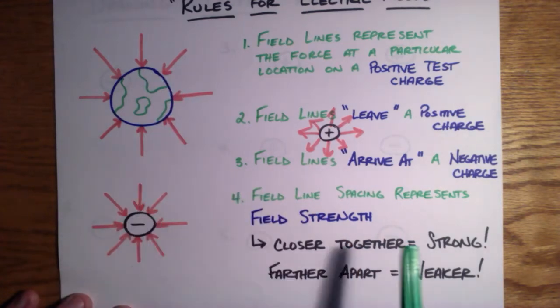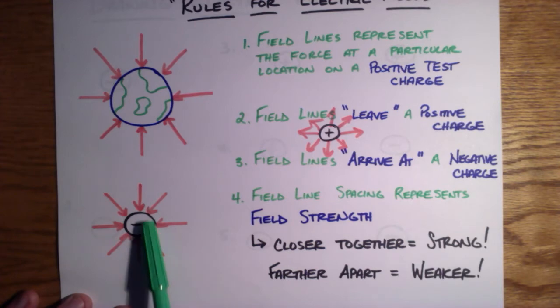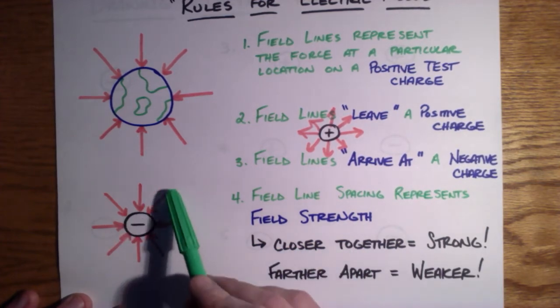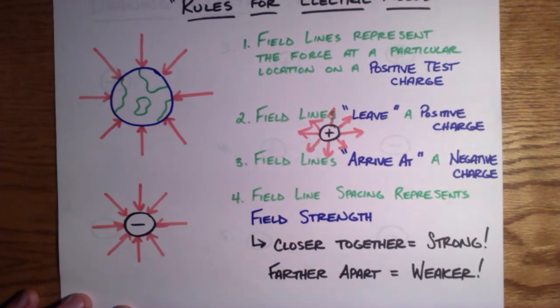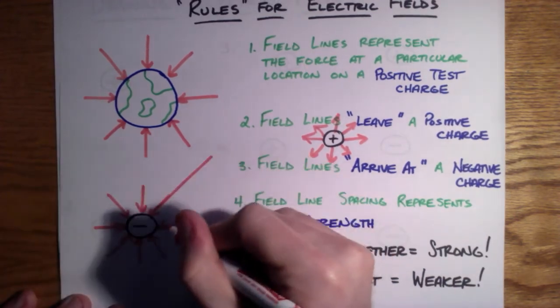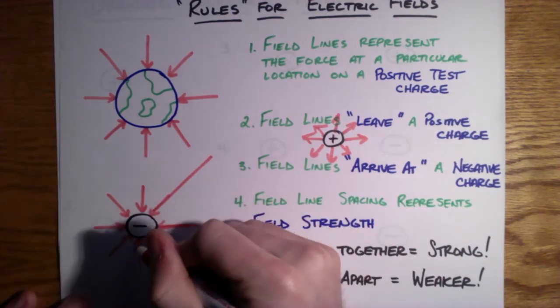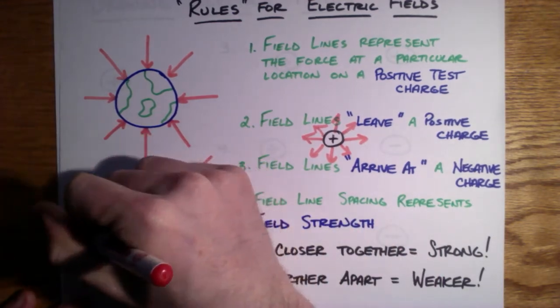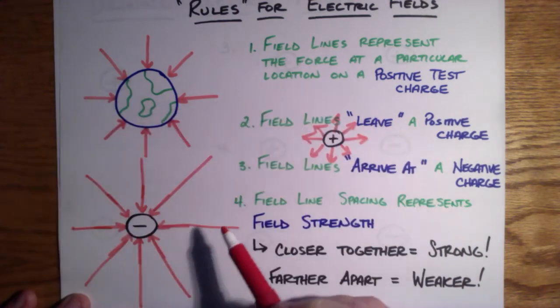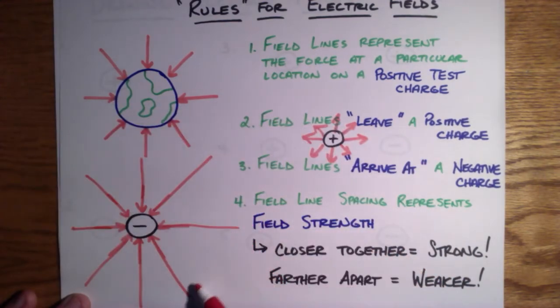And you have a stronger electric force closer to the charge because these lines are closer together. As I get further away, these lines become farther apart, and I therefore get a weaker force. If I were to really extend these out into a distance, you'll really start to see how far apart they actually get. And you can start to see a little bit more how much weaker the force is out here versus in here when they were very, very close together.